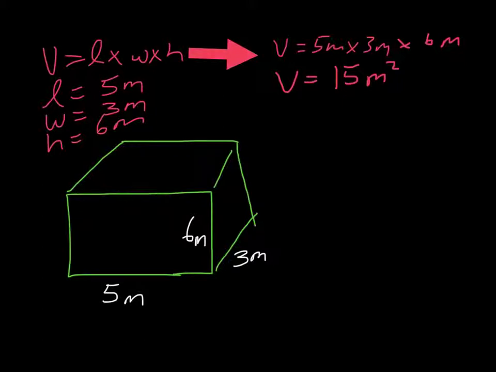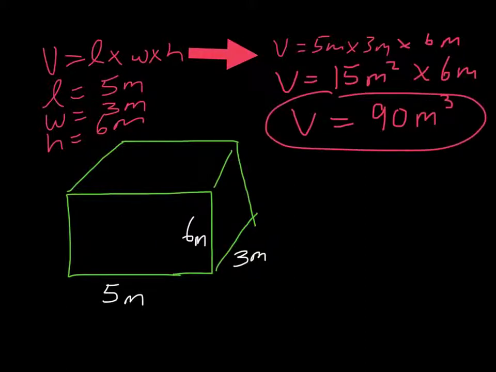Meters times meters is meters squared. Times 6 meters. Volume equals 15 meters squared times 6 meters. 15 times 6 is 90. Meters squared times meters is meters cubed. And that's my solution.